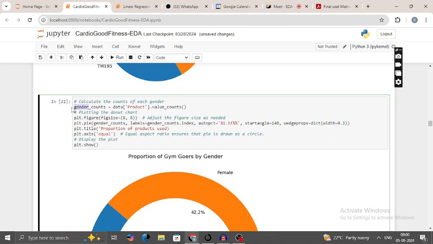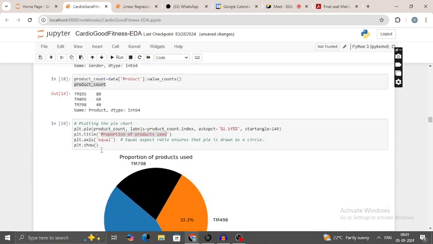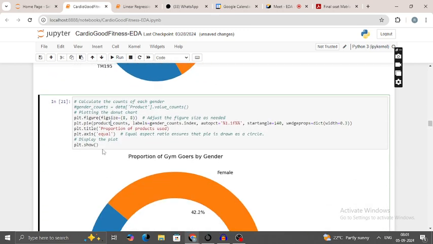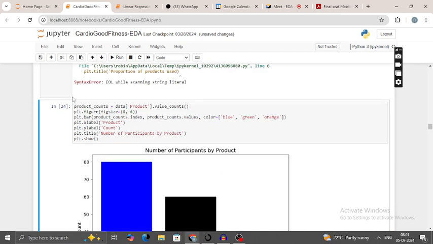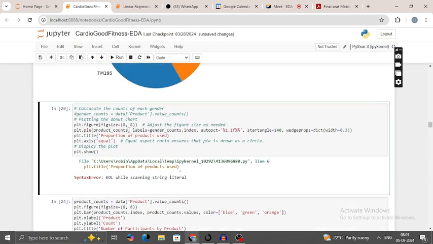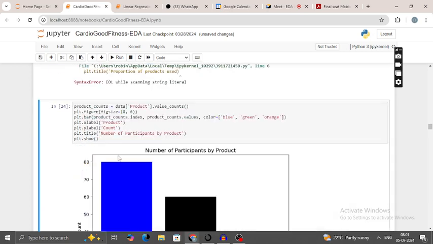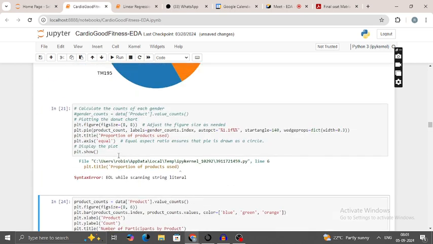So this I am going to, already it is there now. Product counts. Here only I will change. I will just, already there. I am changing, that's it. Product, product_count. So label, let us see whether it's going to work. String literal product count. Okay, line 6.